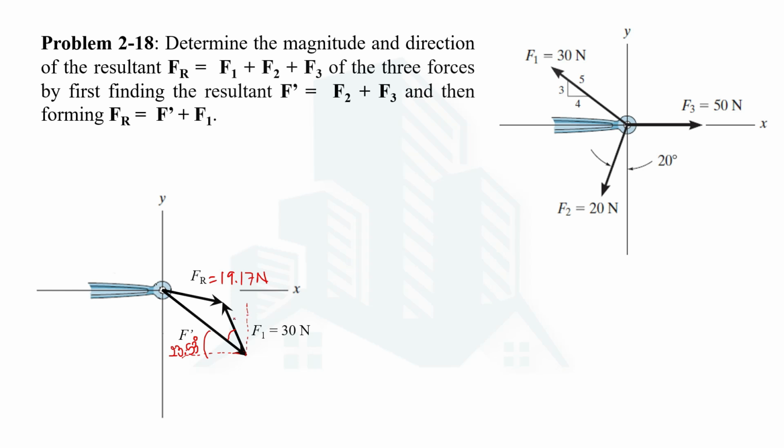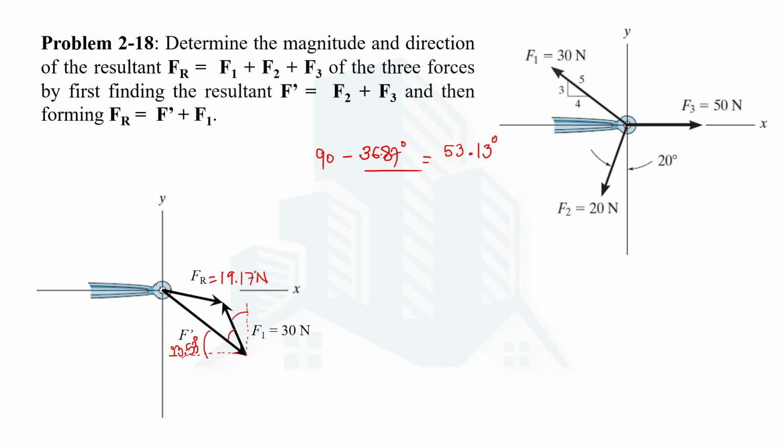And this one, we know the angle for F1 with the x-axis that we have previously calculated as 36.87 if you see your previous calculations. So that's with the x-axis. If we want with the y-axis, we simply subtract from 90. So on subtracting, we are going to get the angle as 53.13, as this angle.